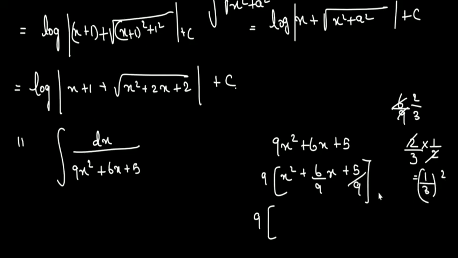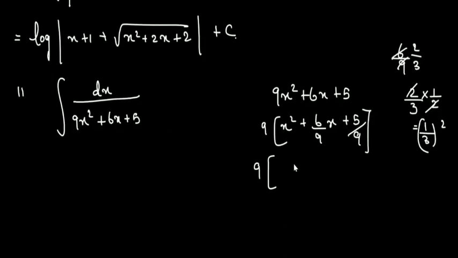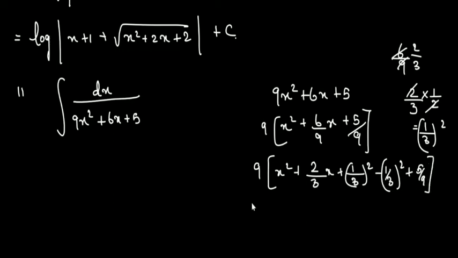This is the constant you're going to add and subtract. So this becomes x square plus 2 by 3 x plus 1 by 3 the whole square, minus 1 by 3 the whole square, plus 5 by 9.